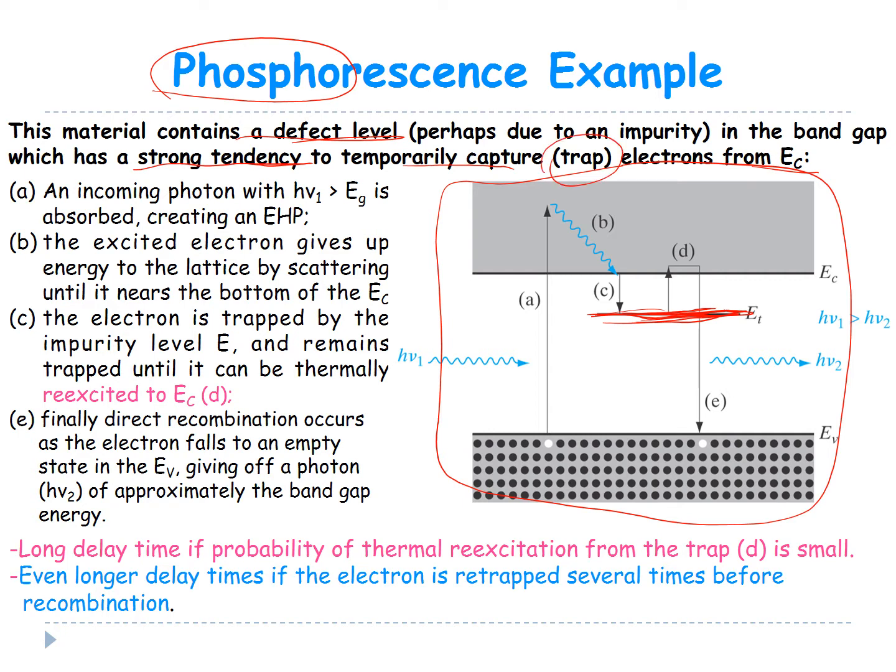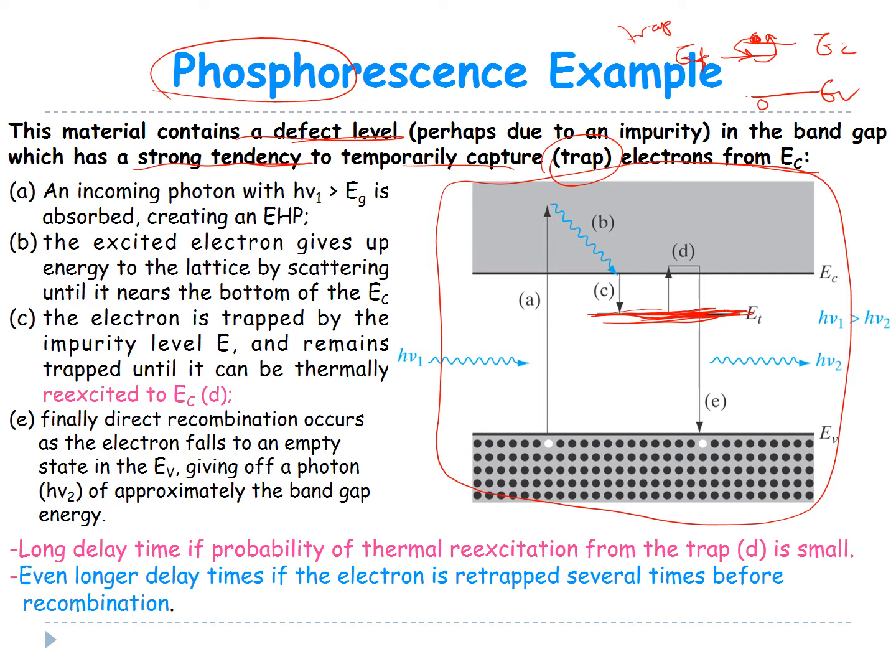So to simplify, if I have EC and EV, and I have an electron there and the hole there, if the electron comes here and then is re-excited again to the conduction band, comes back here, re-excited again, if this cycle repeats, then this state is a trap. So we have a trap energy level, which we call ET.